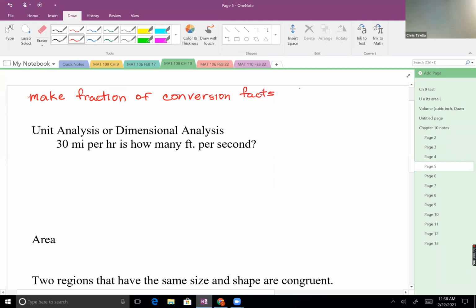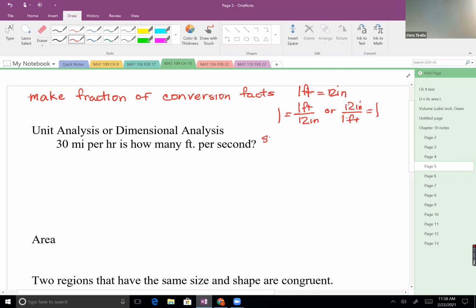So for example, if 1 foot is 12 inches, then I could write 1 foot over 12 inches, or I could write 12 inches over 1 foot. And either way I write it, that would just equal the number 1, because if those two units are equal, when I divide something by its equal, it only gives me the value 1.